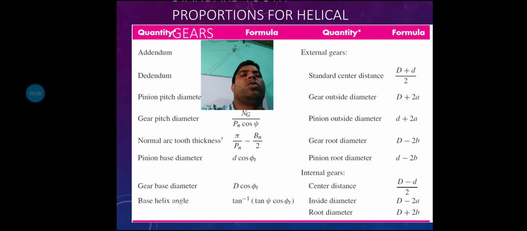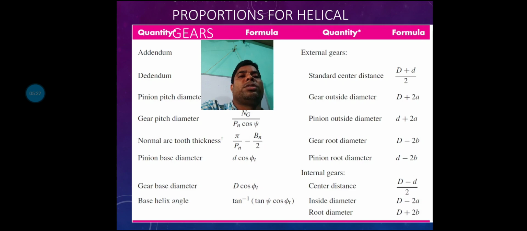Inside diameter will be d minus 2a, and root diameter is equal to d plus 2b.